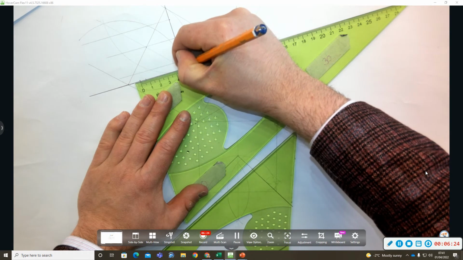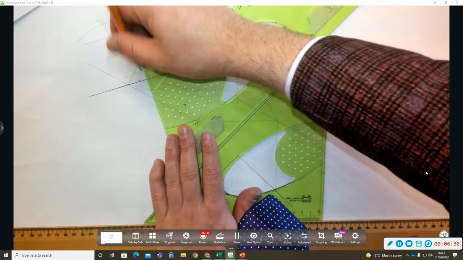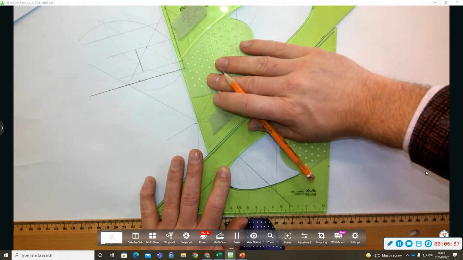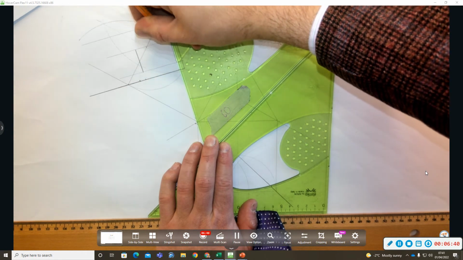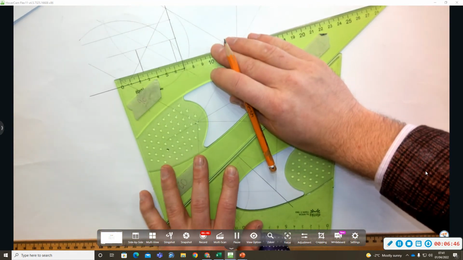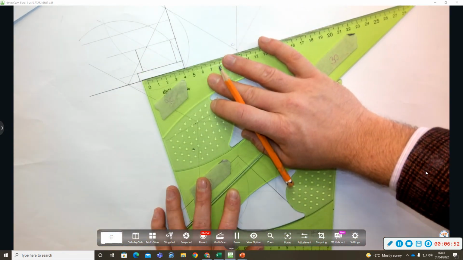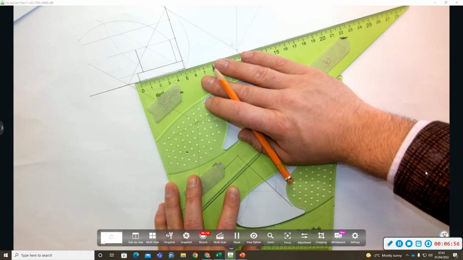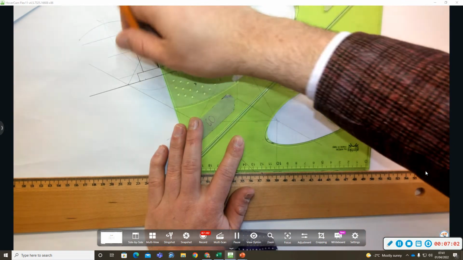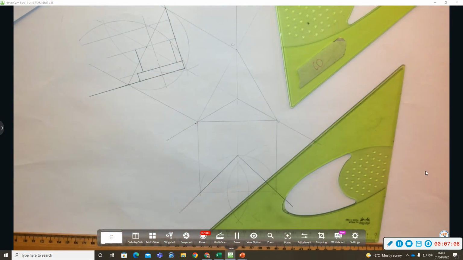So I'm going in 6 each one. And then we'll get our center line. We're drawing our semicircle, and then we'll go for the plan.